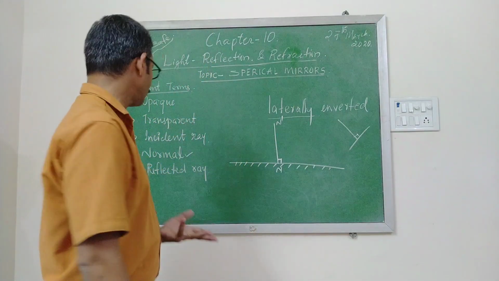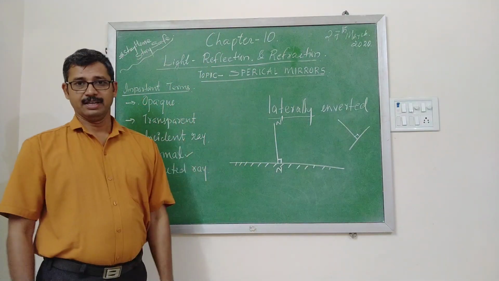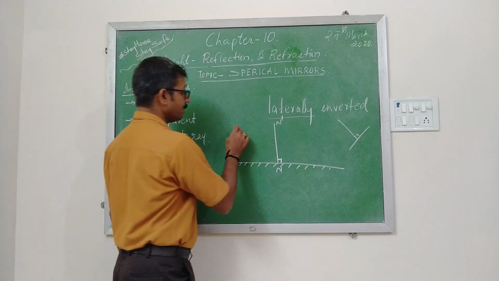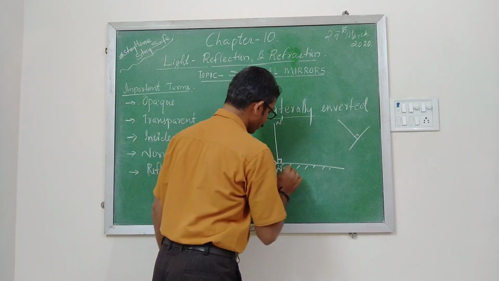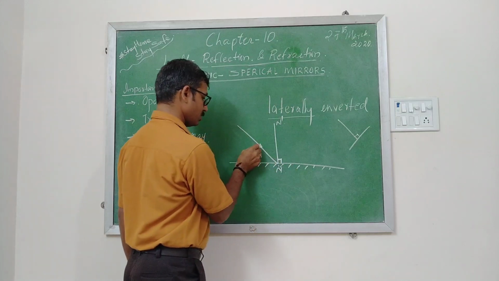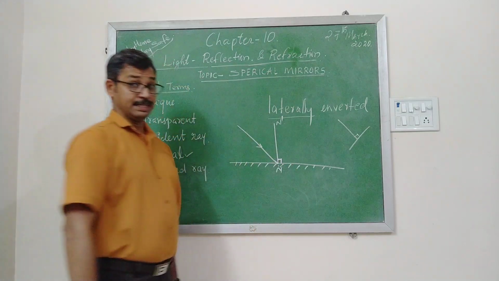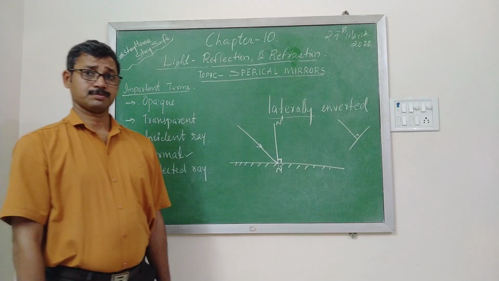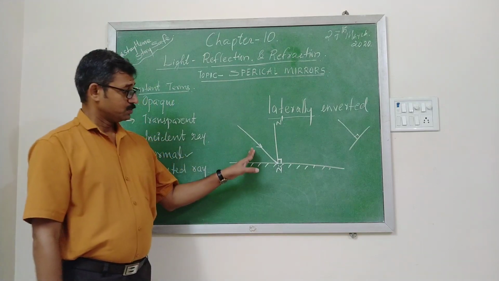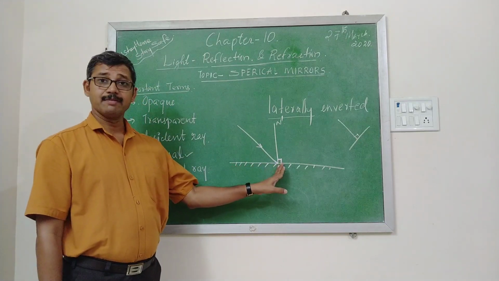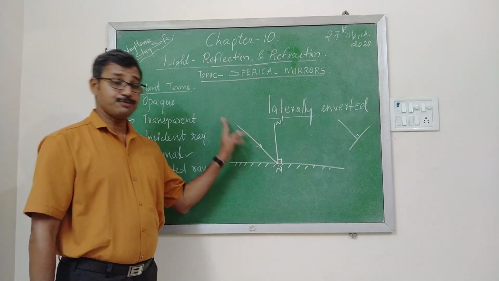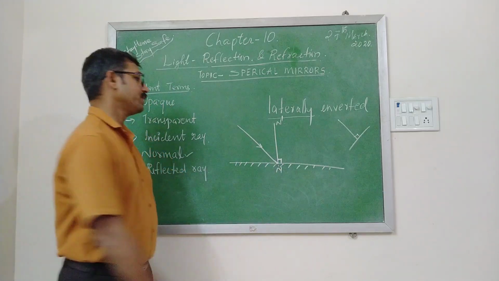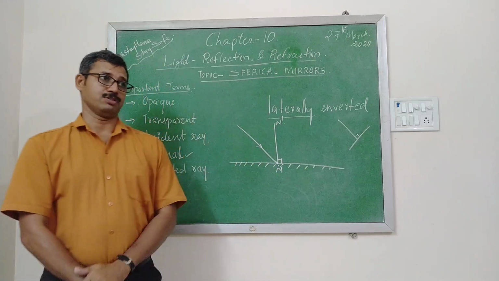Now the other is the incident ray. The incident ray is the ray which is incident on a point on the mirror. At the point where the ray falls, a perpendicular is drawn.